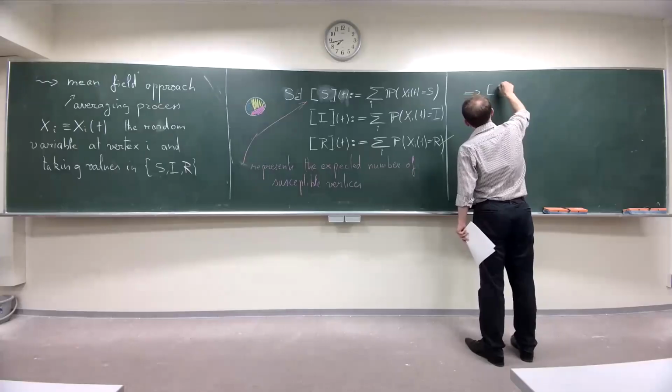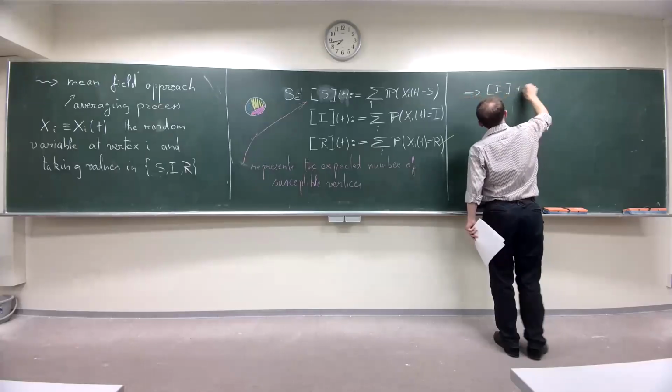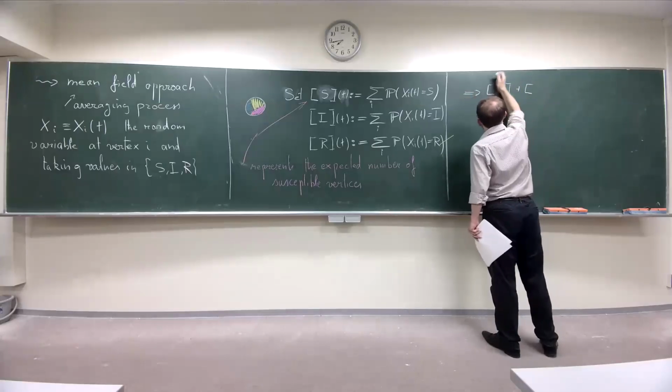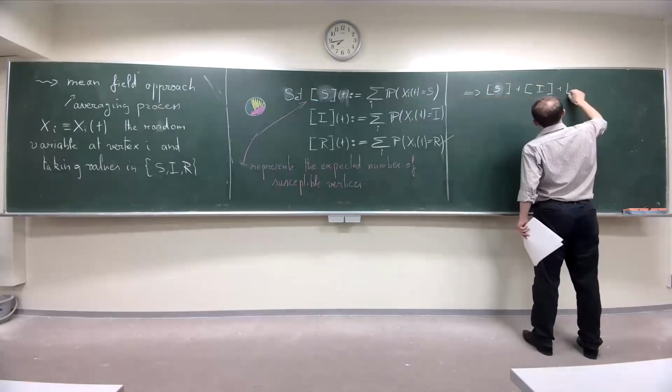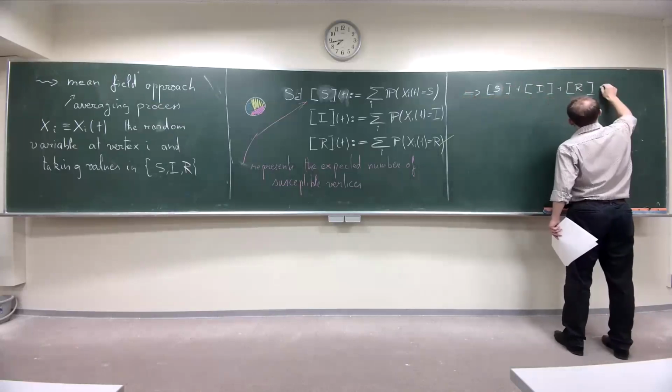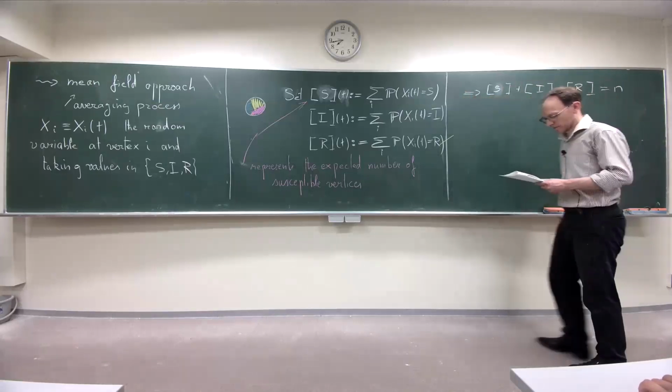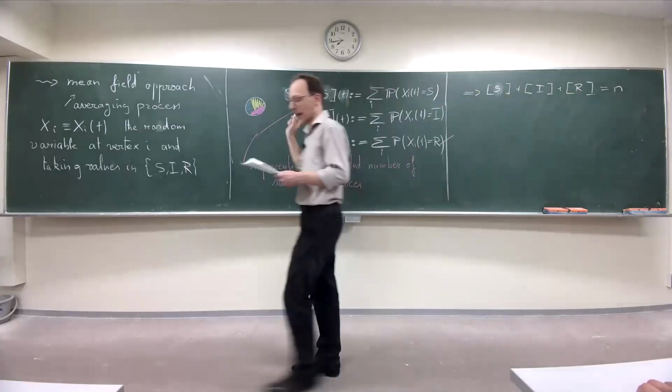It implies that S plus I plus R has to be equal to n for the SIR model.